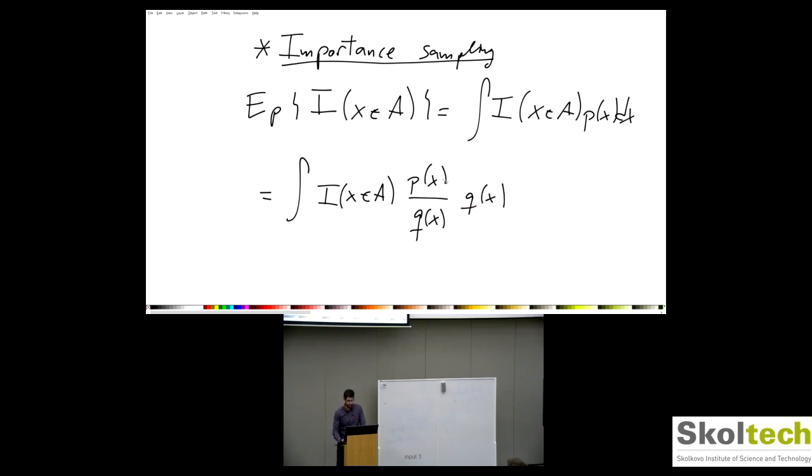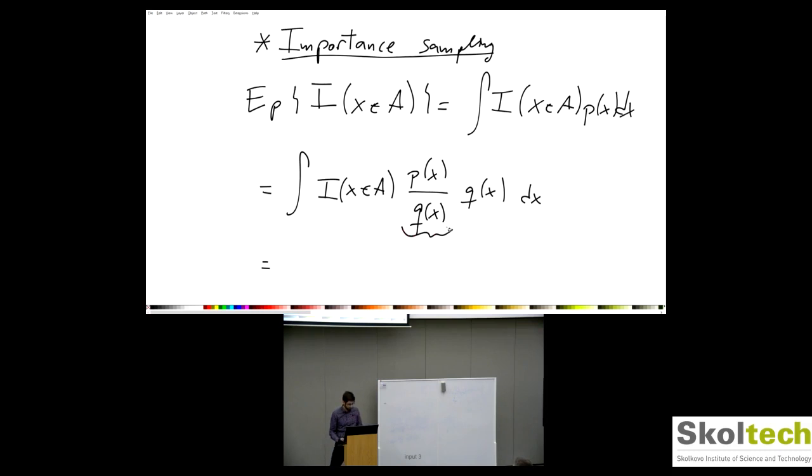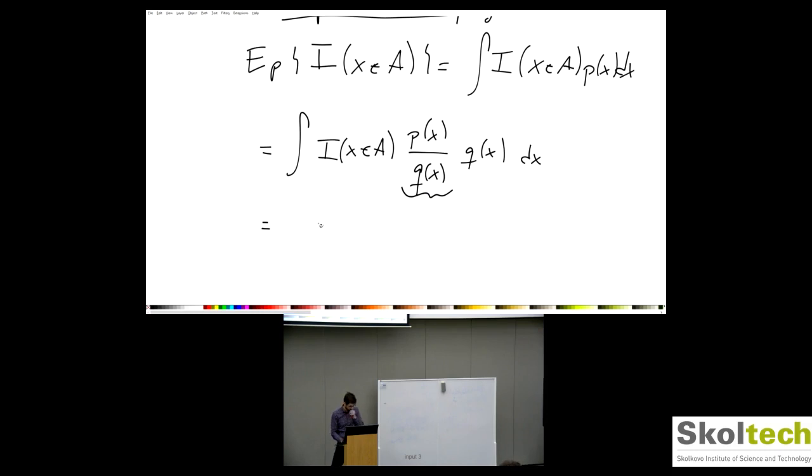What I'm writing here, do all of you agree that this is equal to 1 always? Q of x divided by Q of x is just 1. There's nothing fancy happening here, but now we can group this into a new term, and this new term is going to be called our weights. So then we can write it this way.